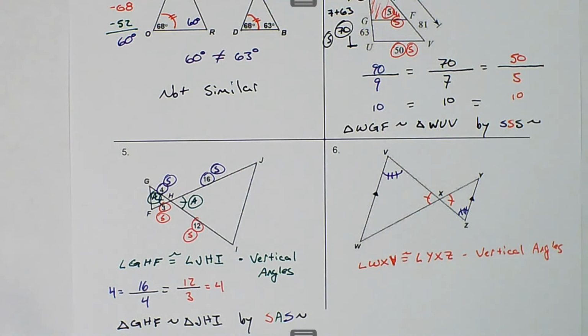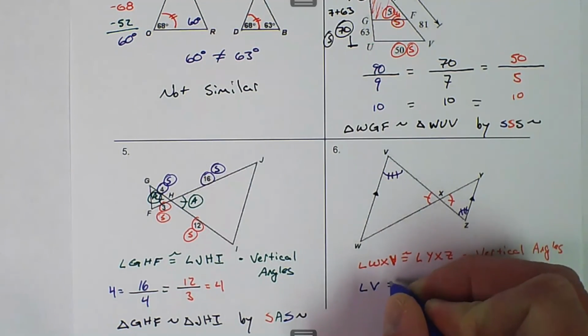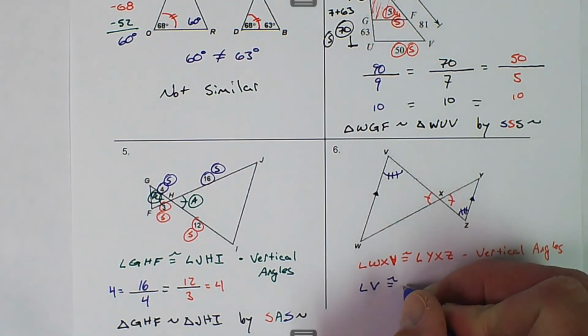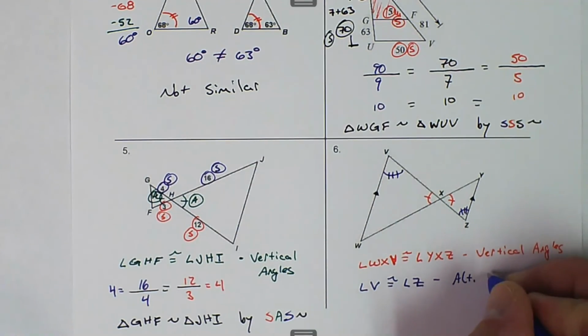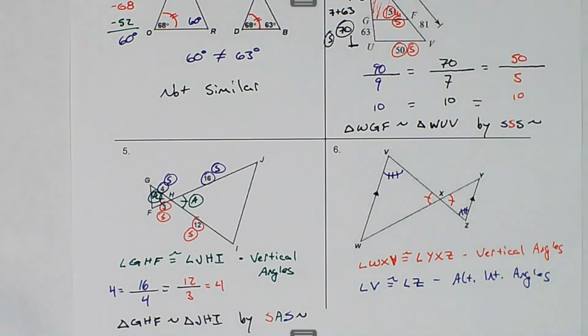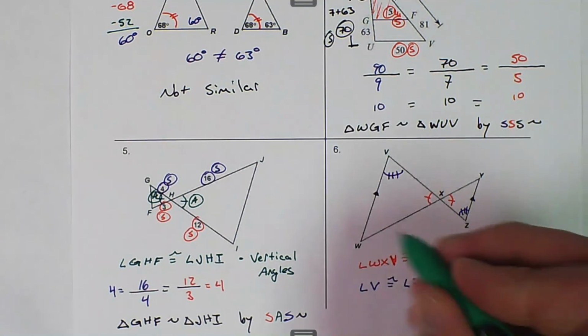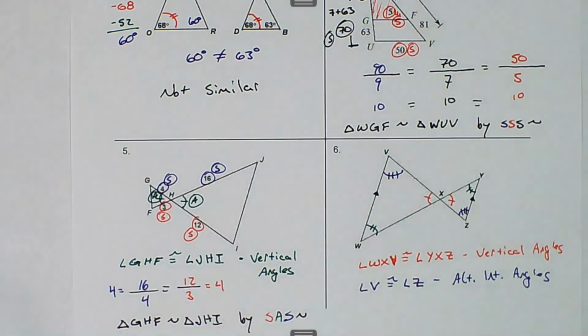And then another one we can use is we could say angle V is congruent to angle Z by alternate interior angles. The same reasoning as alternate interior angles. We could say angle W is congruent to angle Y, but we don't have to because we already have two angles.